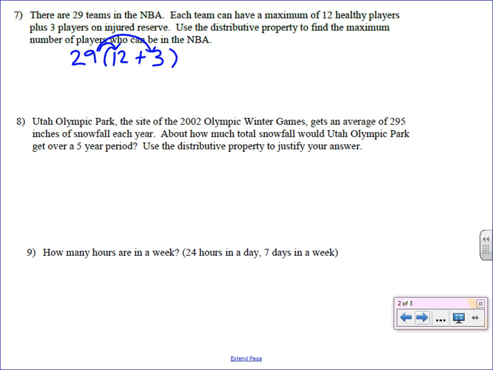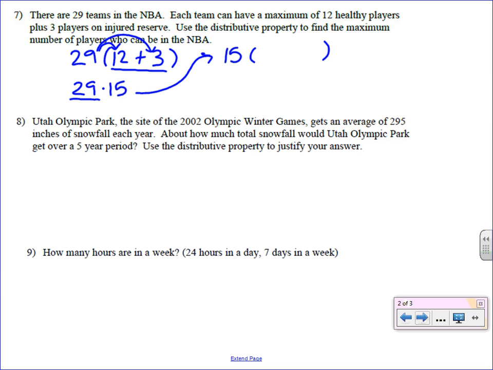So what I would do is I would do 12 plus 3 is 15, so I would have 29 times 15. Well, 15 is an easier number to work with than 29, so I would then turn 29 into the number that's in the parentheses. So I would say, all right, I'm going to have 15 out front, and I can reorder multiplication, remember, by the commutative property.